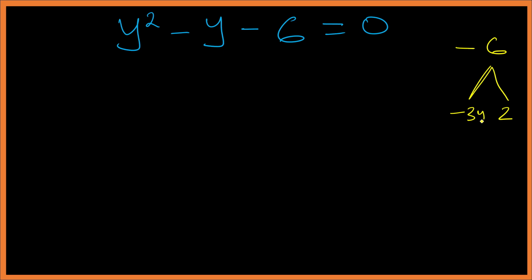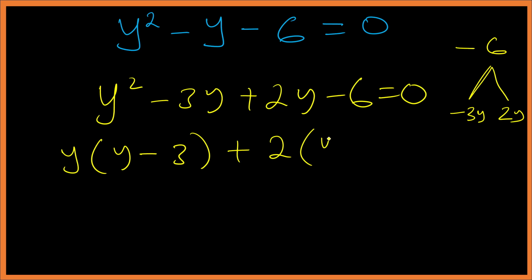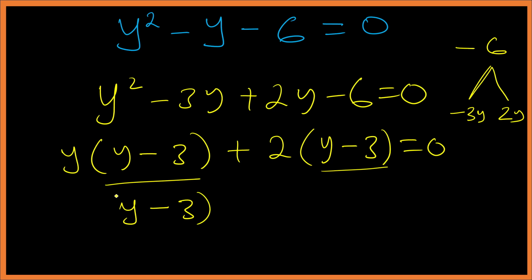So let's split: y squared minus 3y plus 2y minus 6 equal to 0. The first factor will be y out, y minus 3, plus 2 out here, y minus 3 equal to 0. So we have y minus 3 in common: (y minus 3)(y plus 2) equals 0.